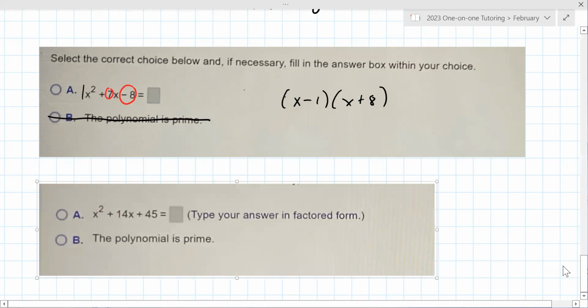Same situation, two numbers that multiply to the last but add up to the middle. X plus 5 and X plus 9. Yes, you got it.